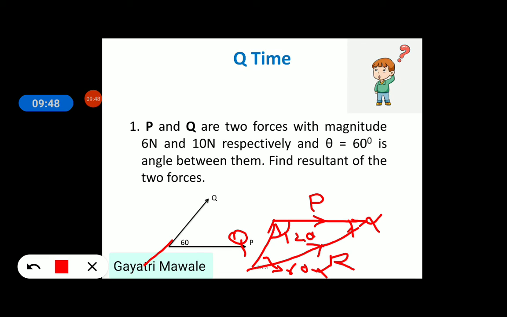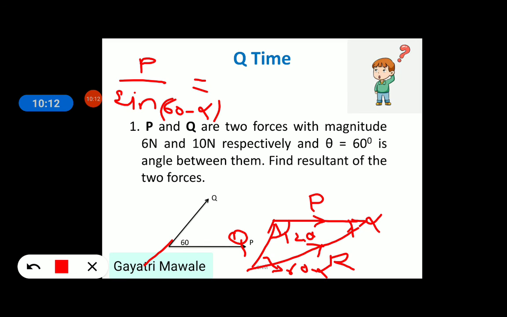Now in this triangle, if we use sine rule, we can write mathematical expression for triangle law of forces, that is one side of the triangle divided by sine of opposite angle. Now to the P force, opposite angle is sine 60 minus alpha.